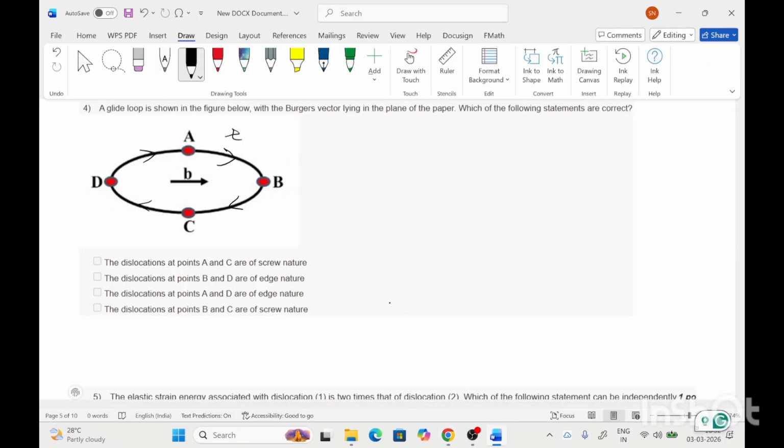So the dislocations at points A and C are of screw nature, and at B and D the line vector is downward and upward, perpendicular to b, and the dislocations at points B and D are of edge nature.